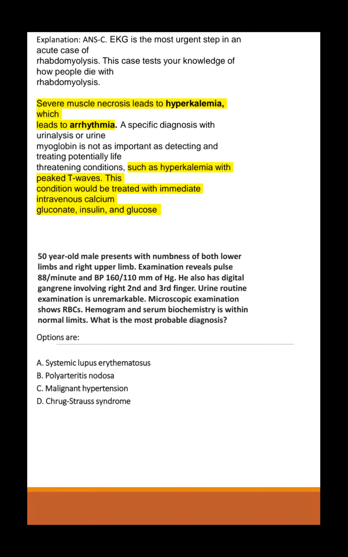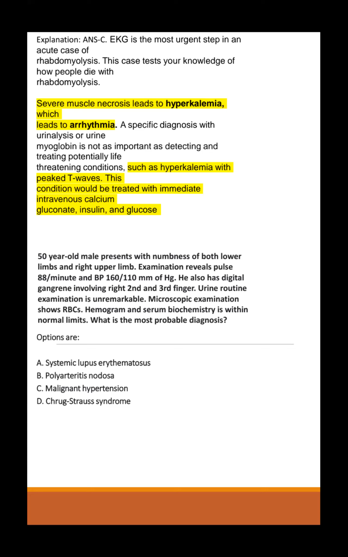Ma'am, Churg-Strauss syndrome is not possible, and SLE also not. Ma'am, it's between polyarteritis nodosa and malignant hypertension. And there is numbness of both lower limbs and right upper limb, with digital gangrene of the fingers. And RBCs are there on microscopic examination.